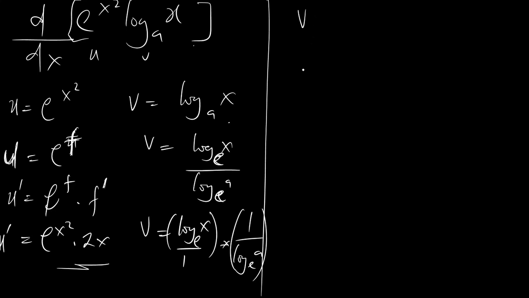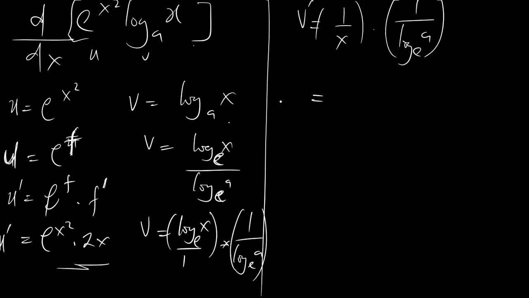To differentiate this, v prime, you have 1 over x times 1 over log a base e. So the answer is v prime will now be 1 over x log a base e.